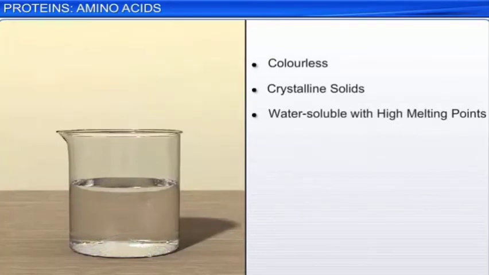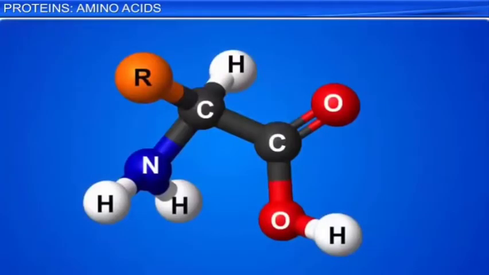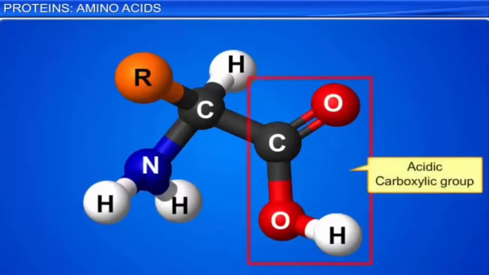Most amino acids behave like salts rather than like simple amines or simple carboxylic acids. Their behavior, like salts, is attributed to the presence of both the acidic carboxylic group and basic amino group in the same molecule.